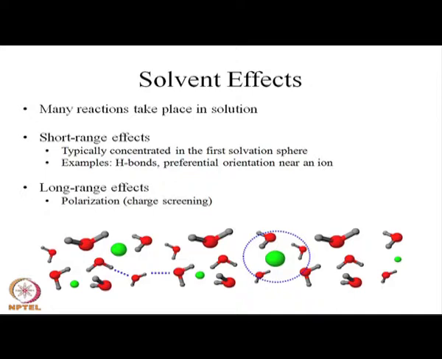So you see that you have got this solute, this is your solute, and if you can draw a sphere near this green circle, then these are the solvent molecules, maybe water, HOH. So water molecules are lying out there.